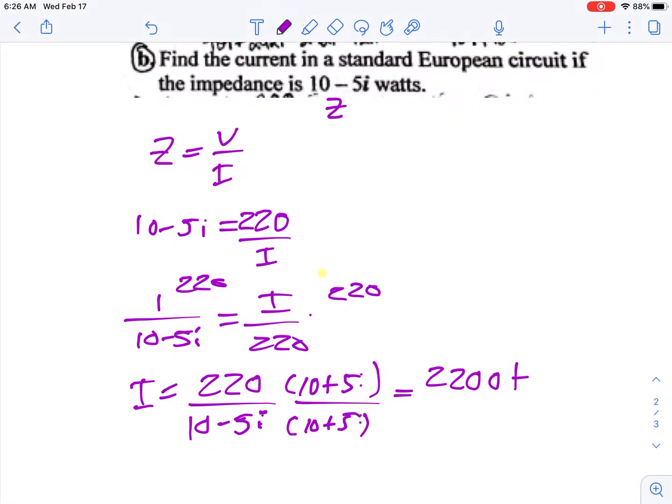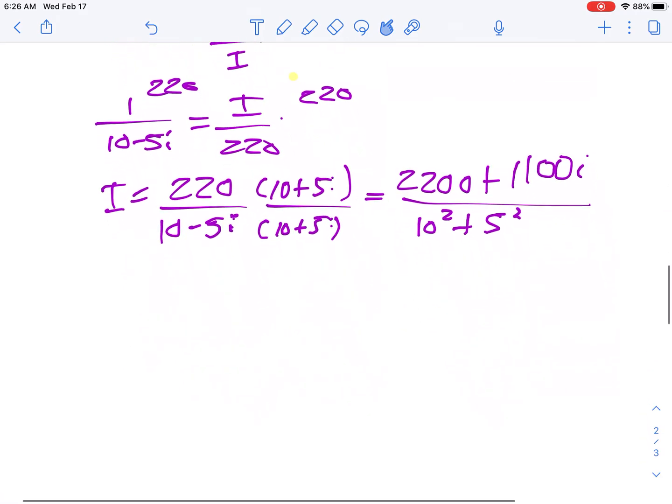So I get plus 1100i. Well, the denominator is going to be 10 squared plus 5 squared, because we know it's a squared plus b squared when we're multiplying conjugates. Now it's just a question of simplifying.